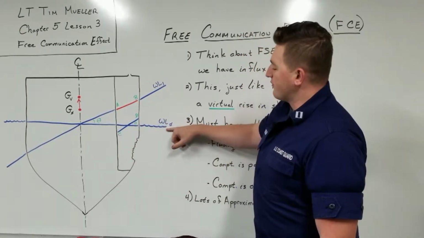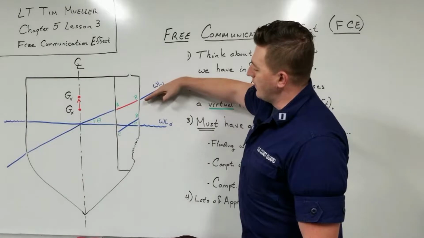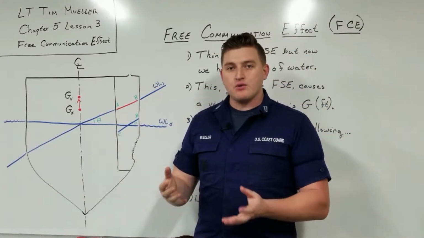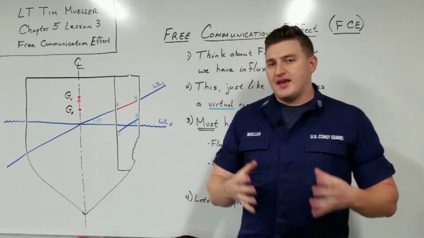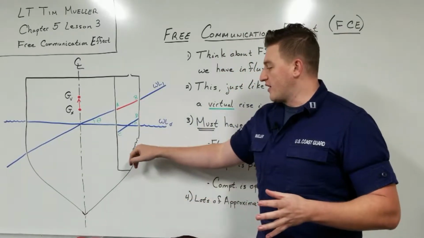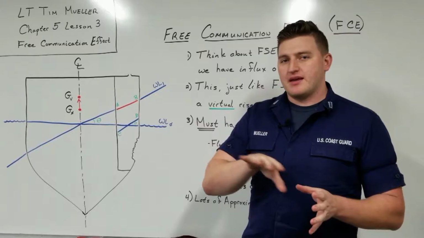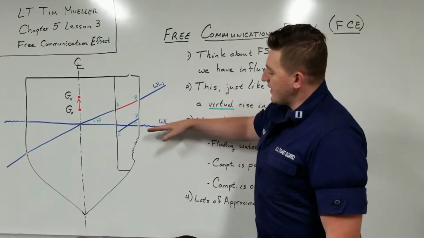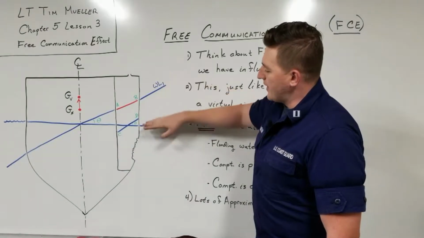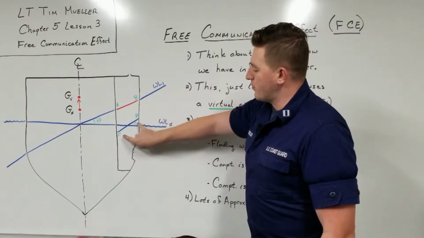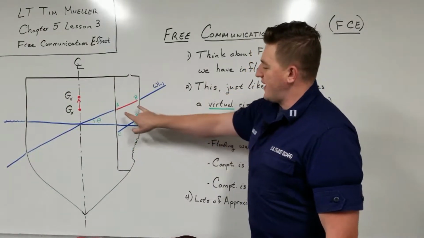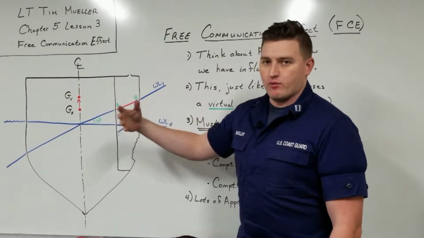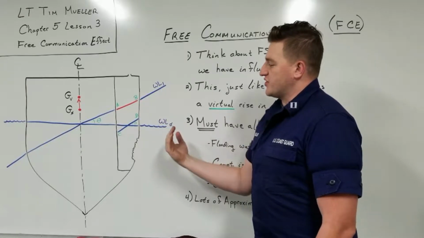As we incline from waterline 0 to waterline 1, we actually have an influx of water because we know that in order to equalize pressure, the waterline on the inside of the ship that's open to the ocean has to be right at the same level as the waterline that's outside of the ship. So as we incline to waterline 1, instead of just having this small waterline CD, we actually have this waterline here at AB. So we have an addition of weight horizontal on the ship.